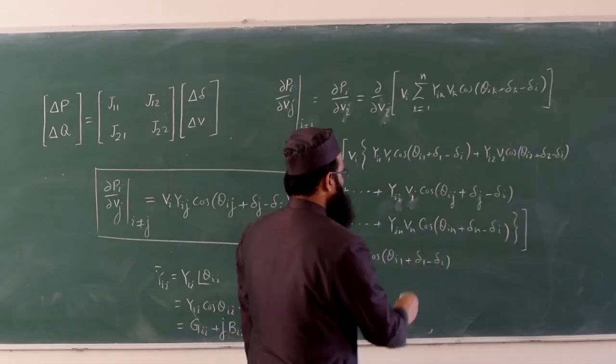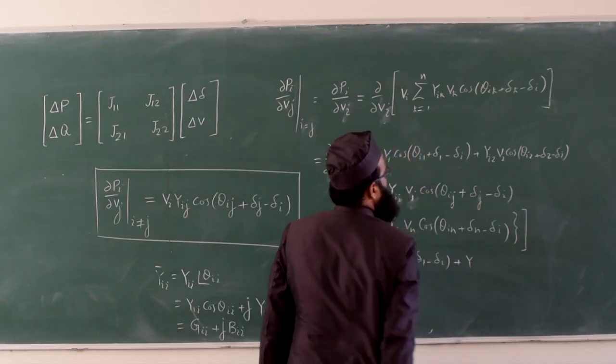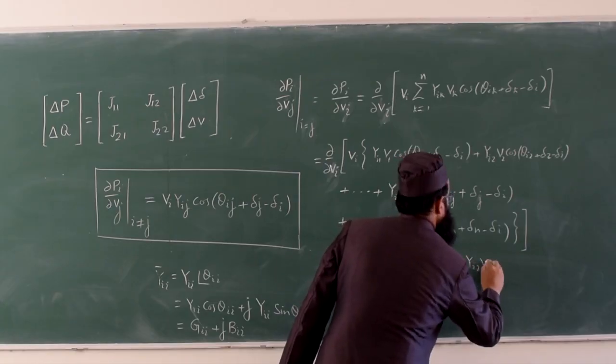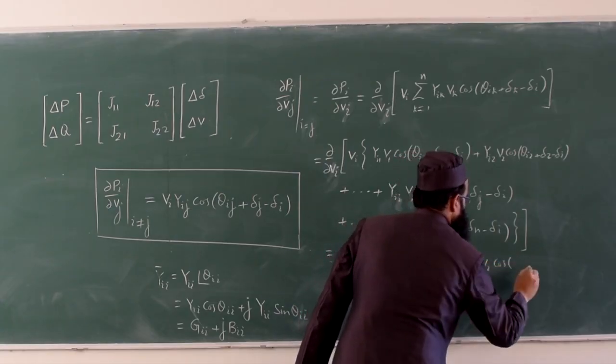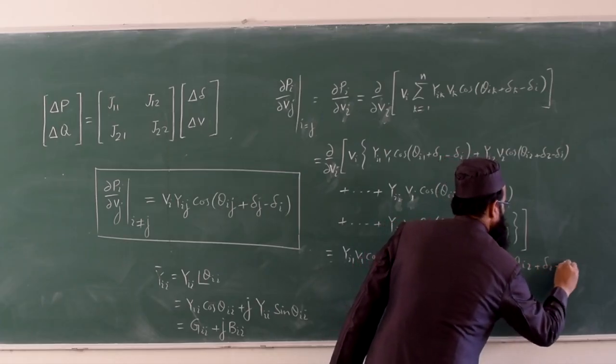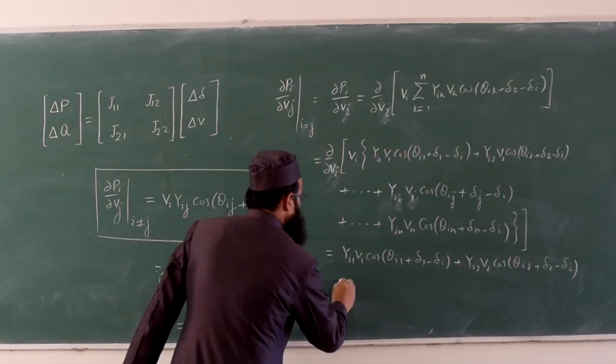Similarly, the second term: Yi2 V2 cosine of theta i2 plus delta 2 minus delta i, and so on, third, fourth.